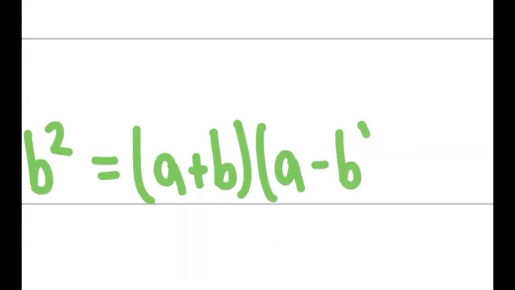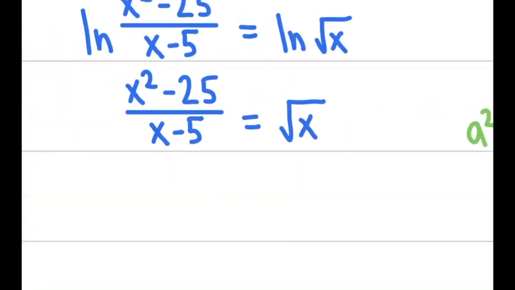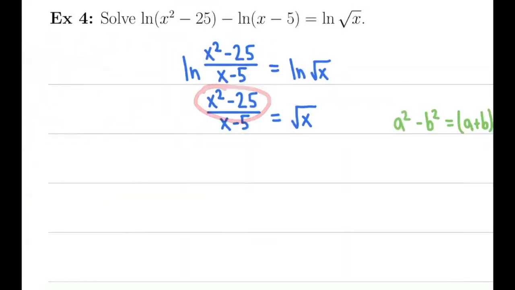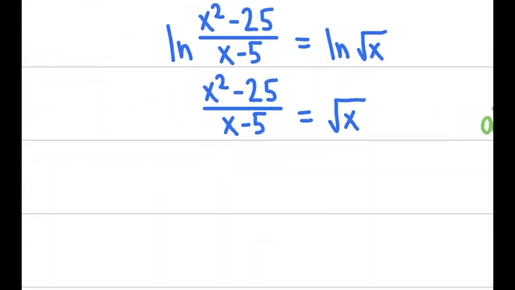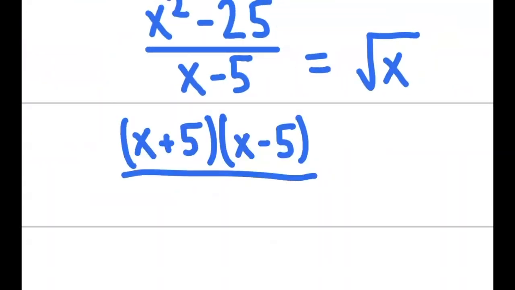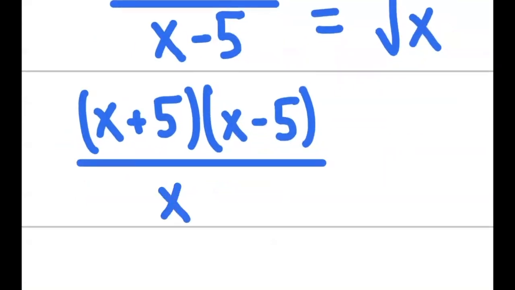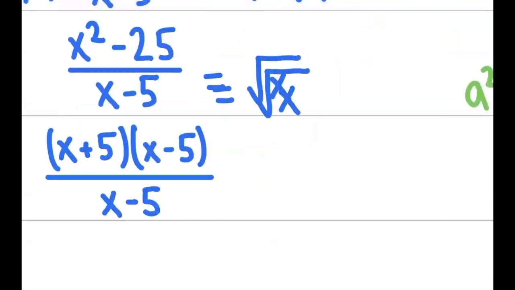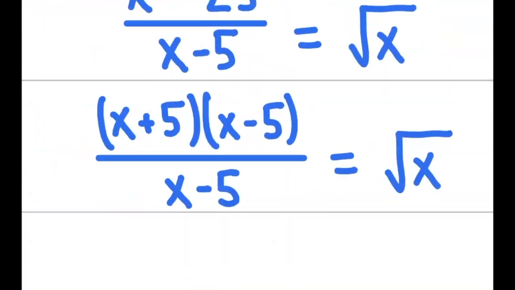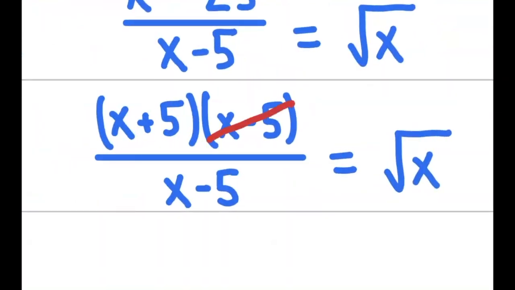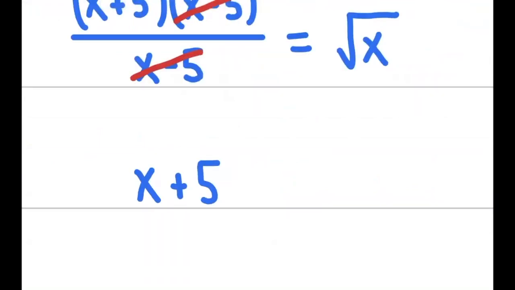That's what it is in factored form. When you use that on x squared minus 25, you're going to get x plus 5 times x minus 5 all over x minus 5. And again, this equals the square root of x. So you can see the x minus 5s are going to cancel out, and you're going to be left with x plus 5 equals the square root of x.